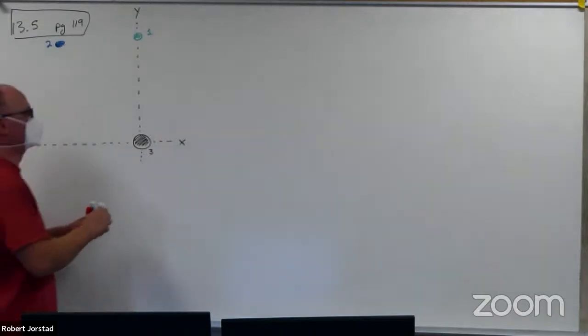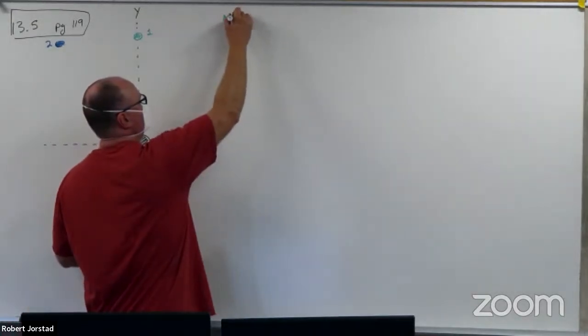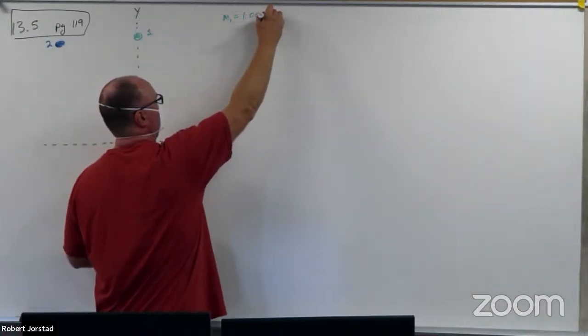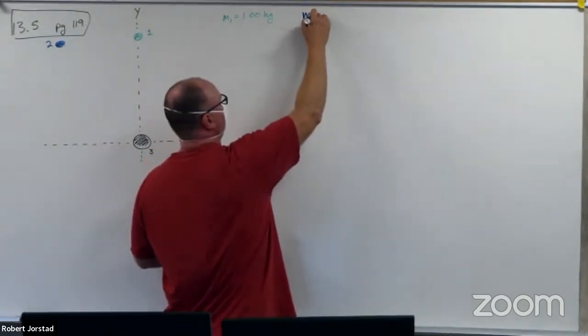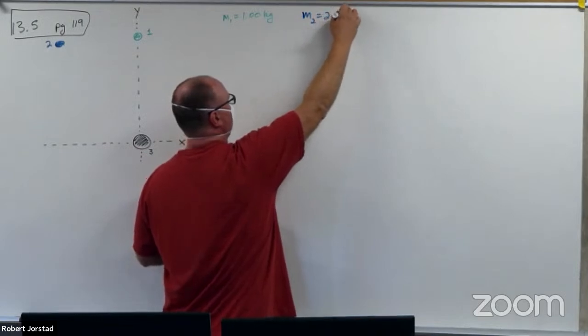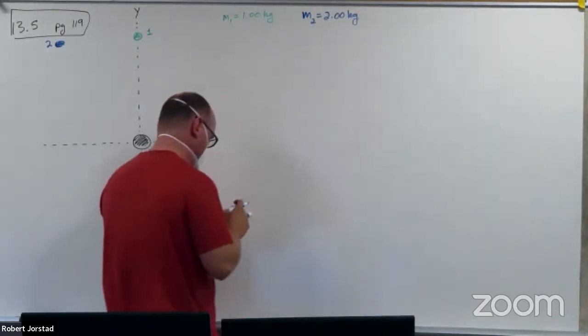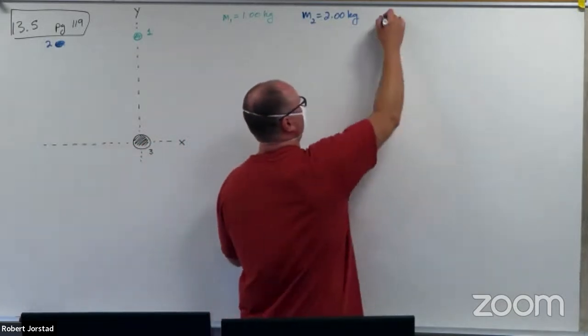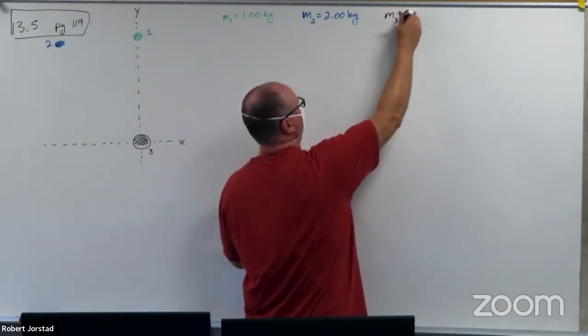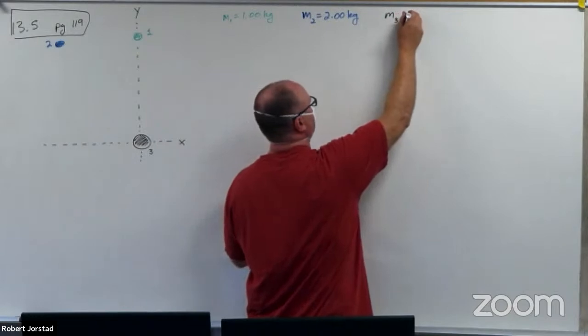And I believe we know mass 1 is 1.00 kilograms. Mass 2, 2.00 kilograms. Mass 3 is 3. We're keeping it simple. You can imagine I do complicated numbers like 10 to the something on a test.